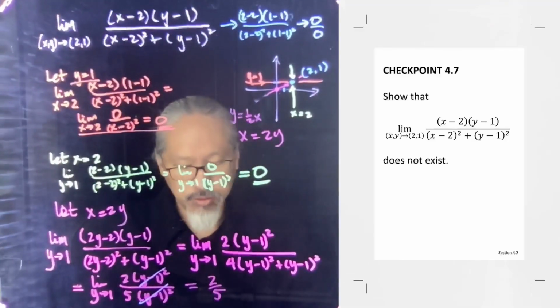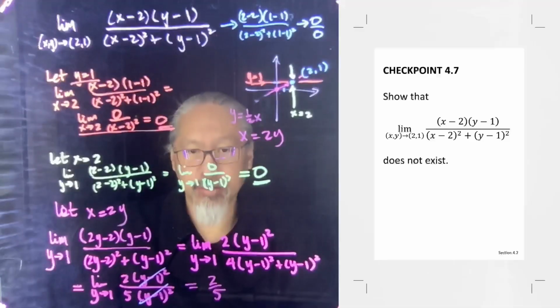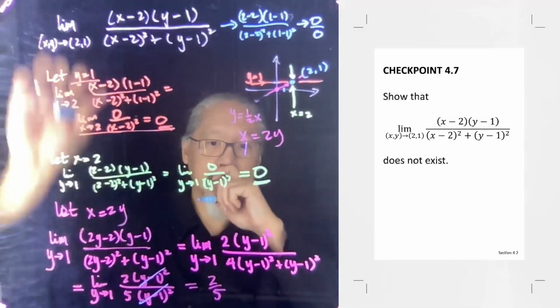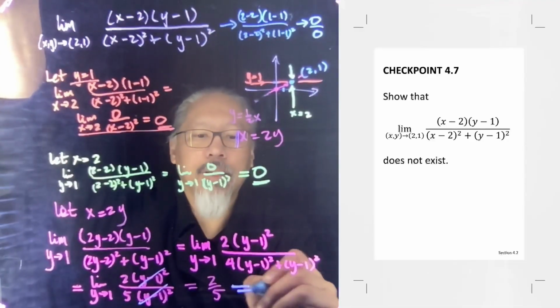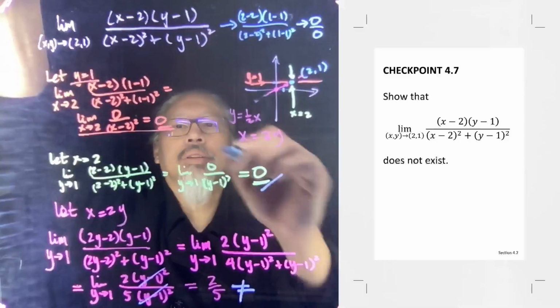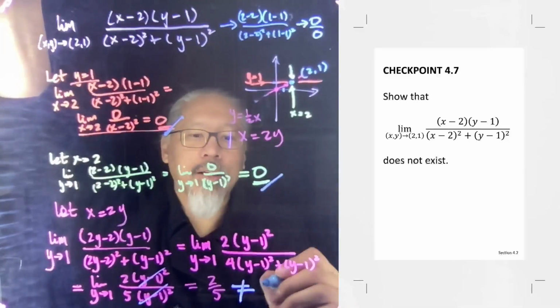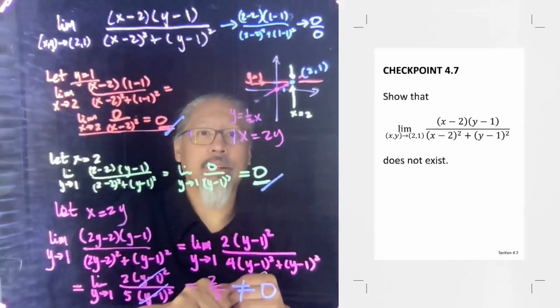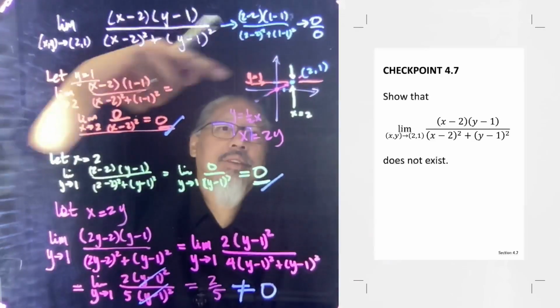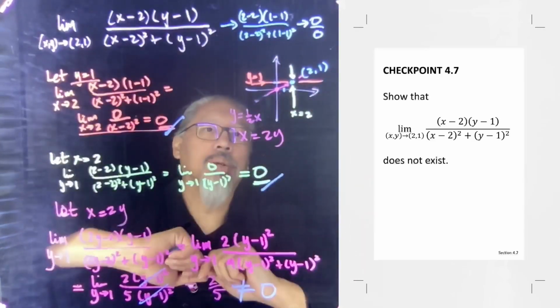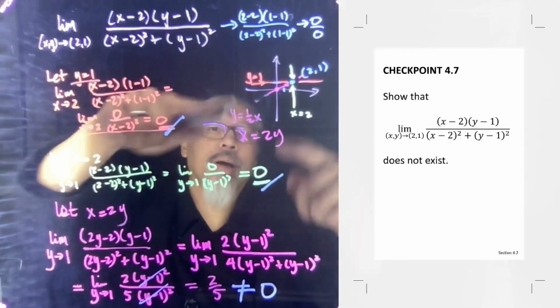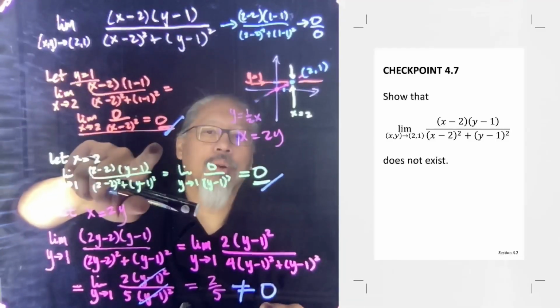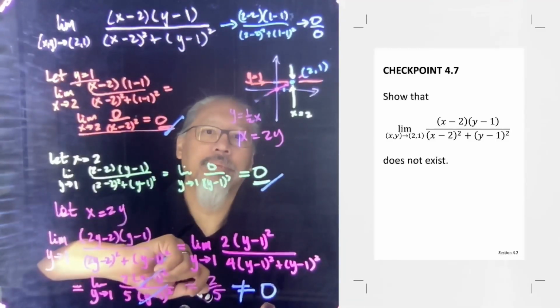Now the value 2/5 isn't really all that significant. What is important is that this is not equal to the other 2 limits that we found, not equal to 0. So what we say here is that we have paths that go to the point 2, 1. We got 2 paths that went to 0, but we have this one path that did not go to 0.